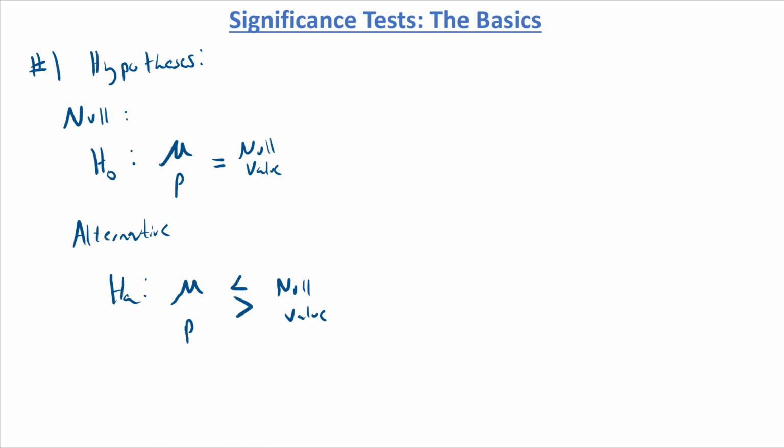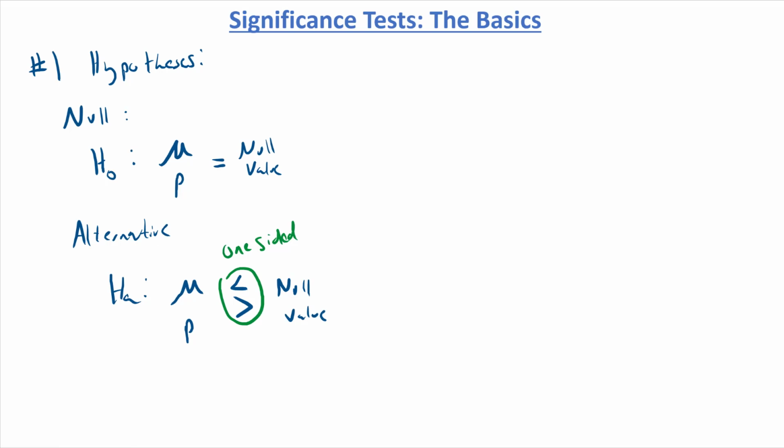These two are one-sided. In other words, in the problem, it's going to say we believe the data could be greater than the null value, or we believe the data could be less than the null value. So you would know your alternative hypothesis that you're testing against is going to be a greater than or less than sign.